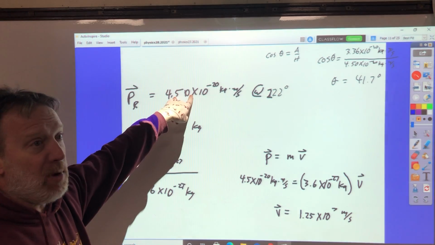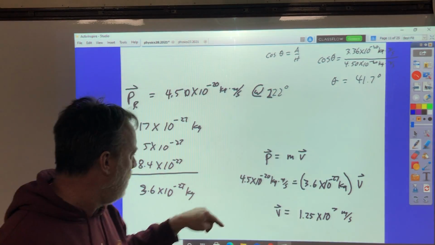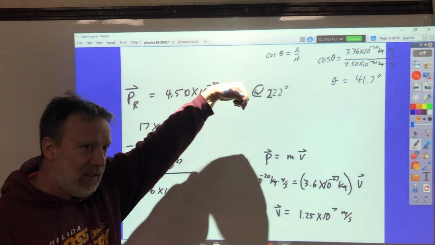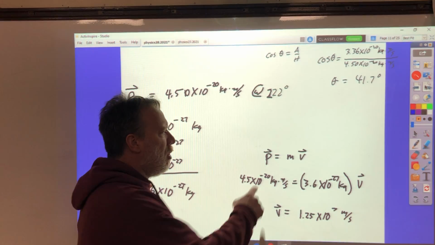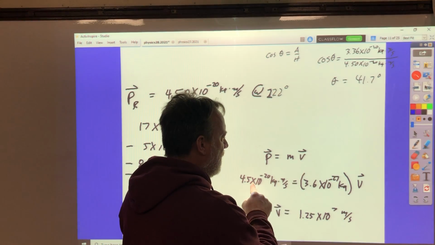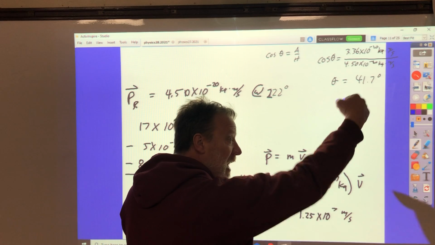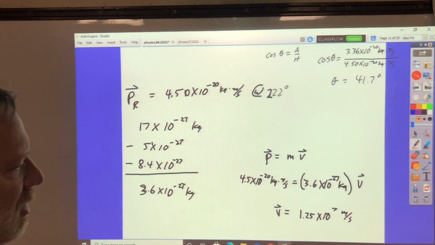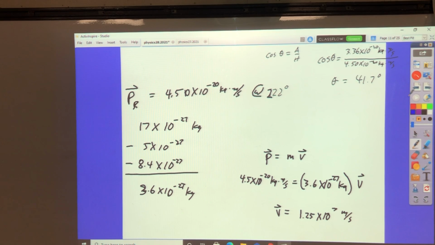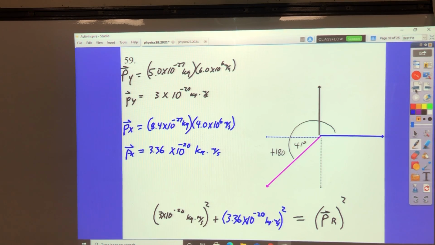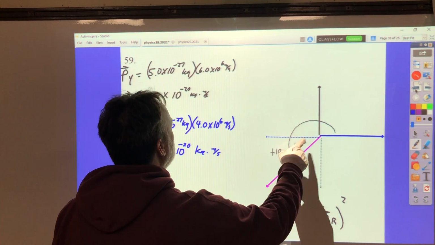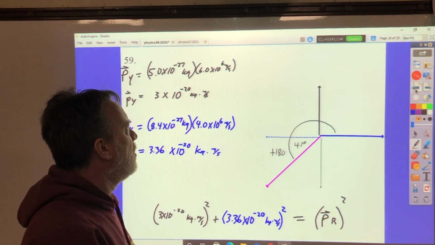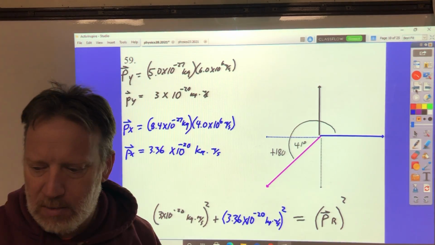So if I know this must be my momentum at this angle, and this must be my mass at this angle, then momentum is mass times velocity. I know these two. My velocity at that angle must be 1.25 times 10 to the 7th meters per second. Which actually, I thought this was going to be the heavy particle, but it must be the lightest particle because it's faster than these two pieces.